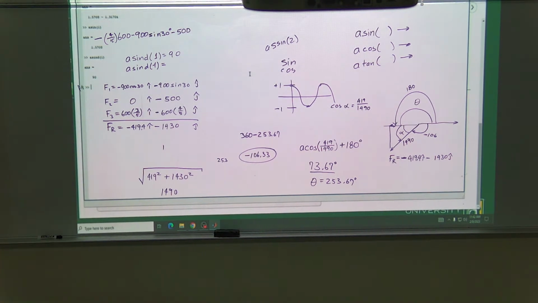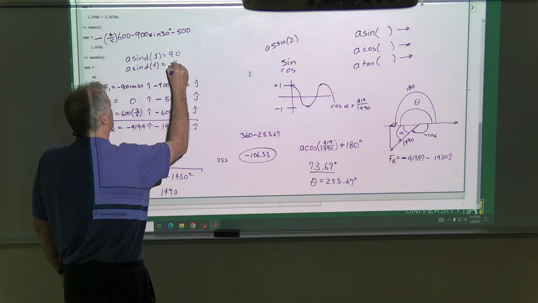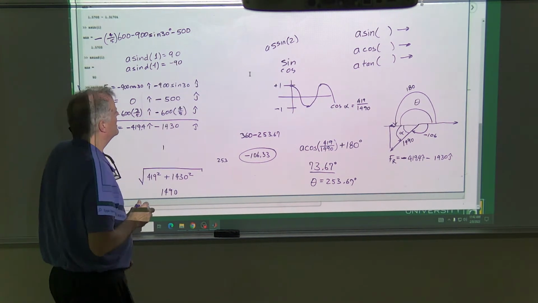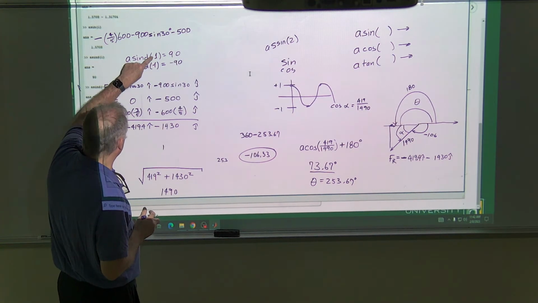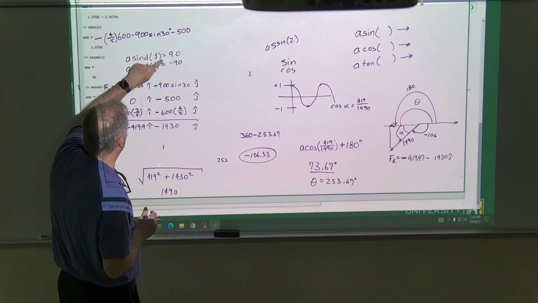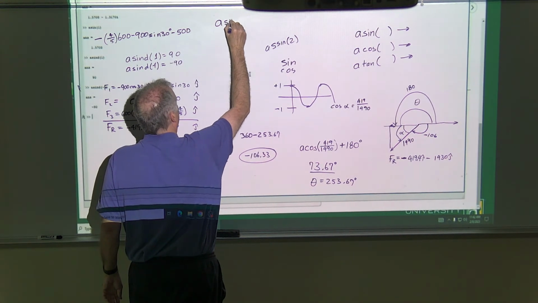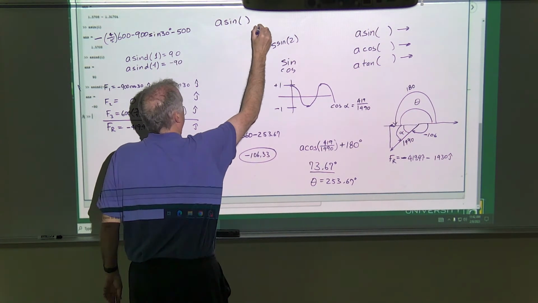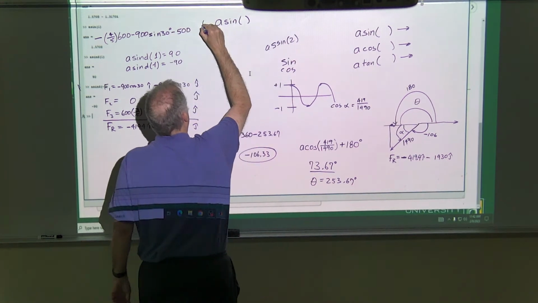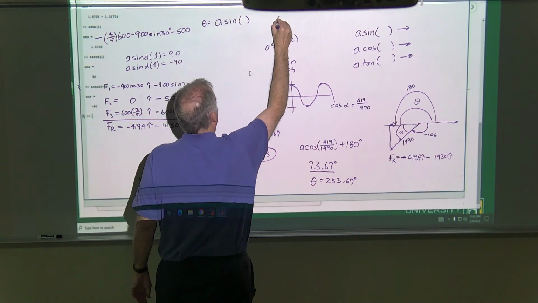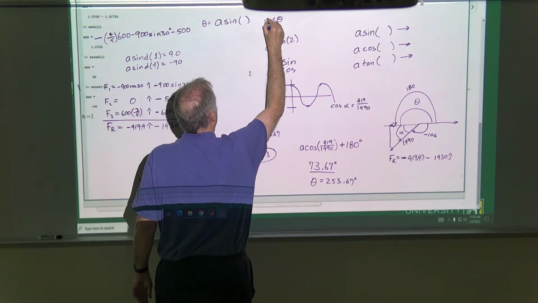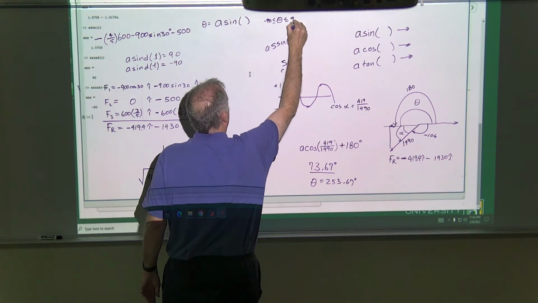I'll show you why this happens. It gives you minus 90. So no matter what I put in between minus 1 and 1, theta is going to be between minus 90 and 90.